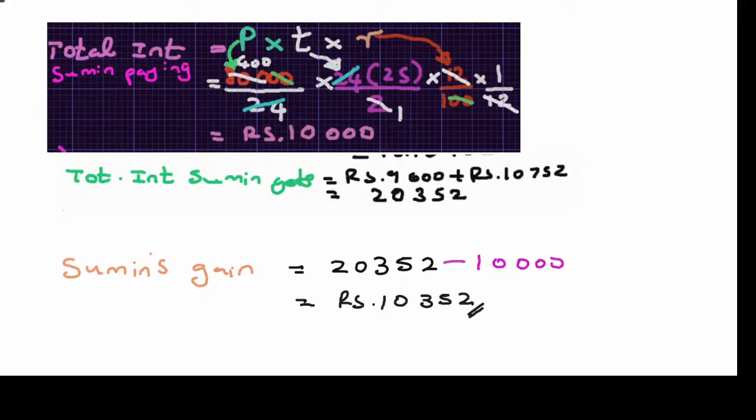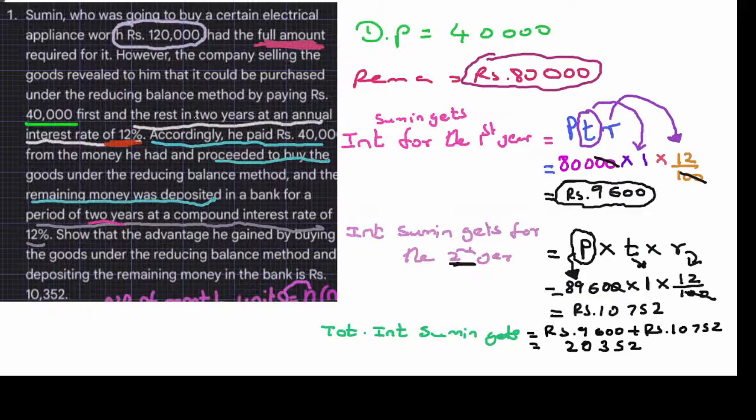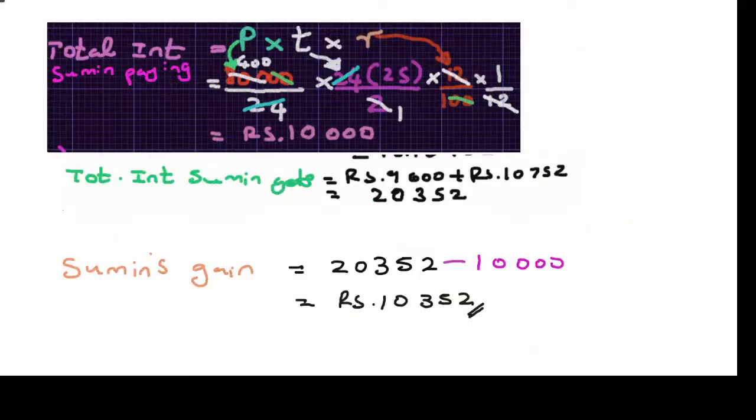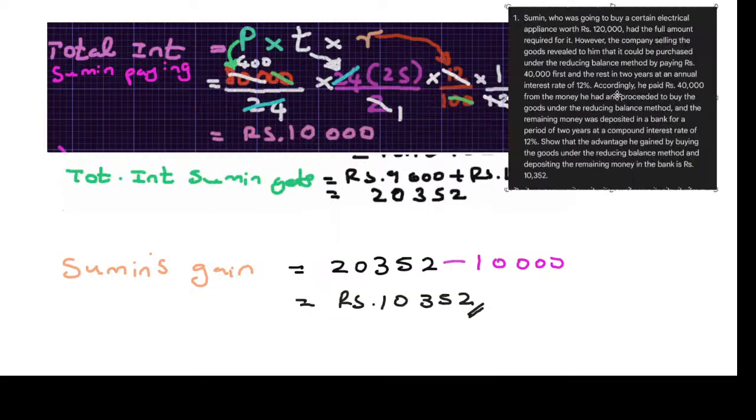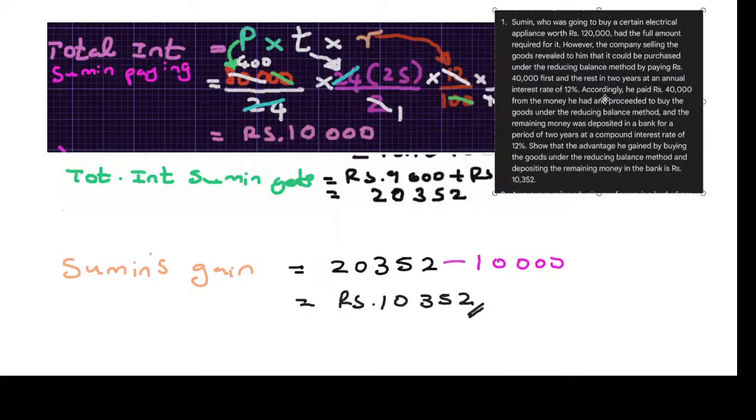The question is asking what is the advantage Sumin gets by doing the hire purchase and using the remaining money to deposit it in a fixed deposit. So what's the advantage? Here Sumin has got 10,352.